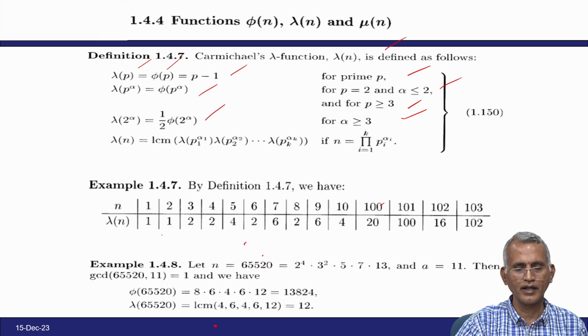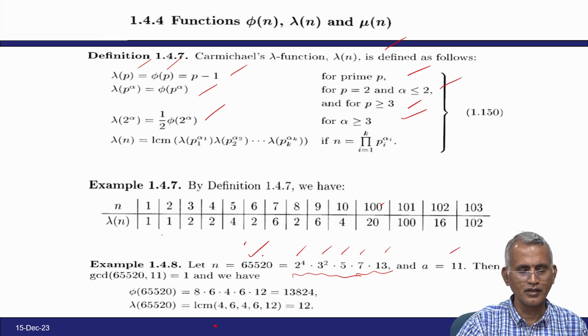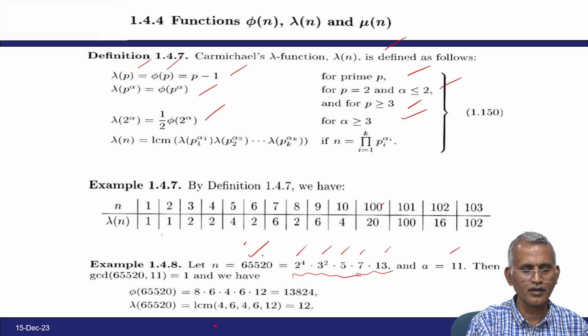Next, let us go with one example. You take n equal to 65,520. It can be expressed as a product of prime powers: 2 power 4 into 3 square into 5 into 7 into 13, and you take a equal to 11. Then the GCD of 65,520 and 11 is 1.